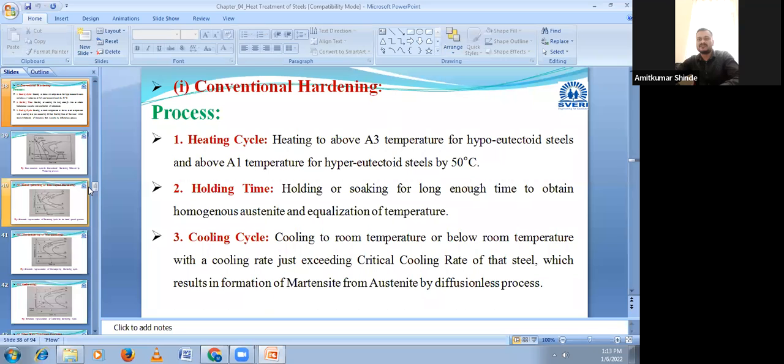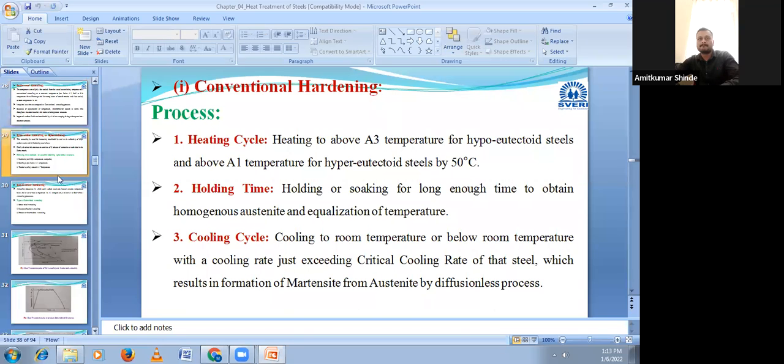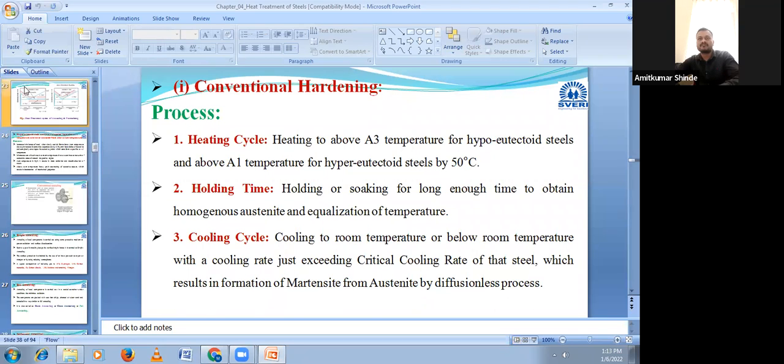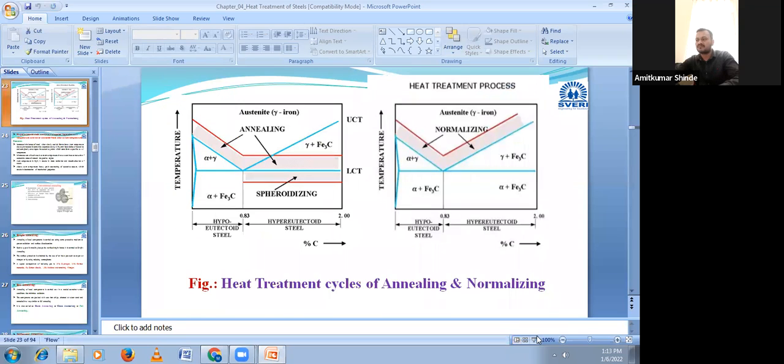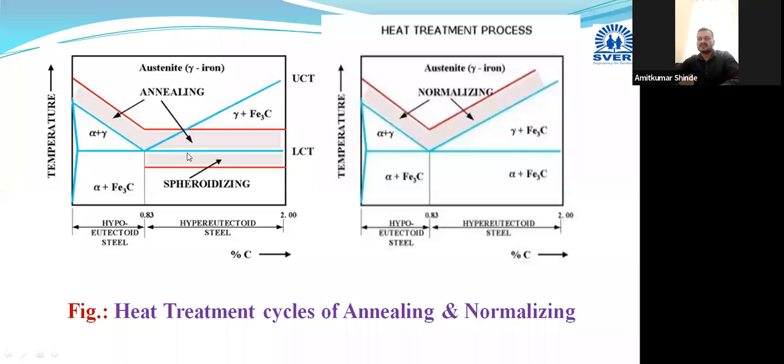Okay, I will show you the diagram. Okay, here. This is the zone for annealing. Means the steel, if it is a hypoeutectoid steel, it is heated above A3 temperature line, and if it is a hypereutectoid steel, then it is heated above A1 temperature line.